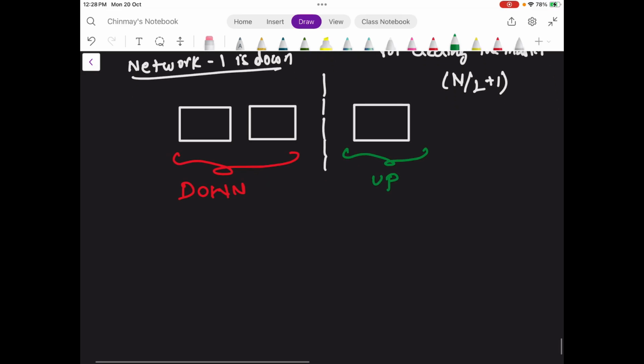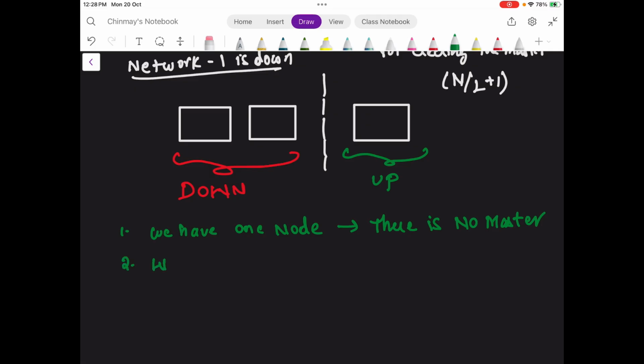What happened? How many nodes are there? We have 1 node and there is no master at all. That means writes will not happen.